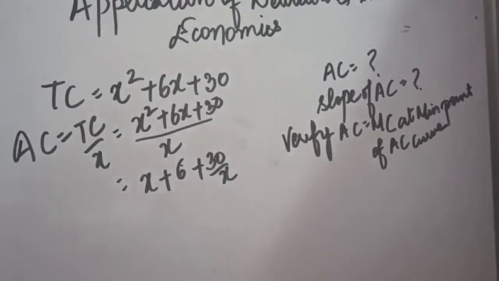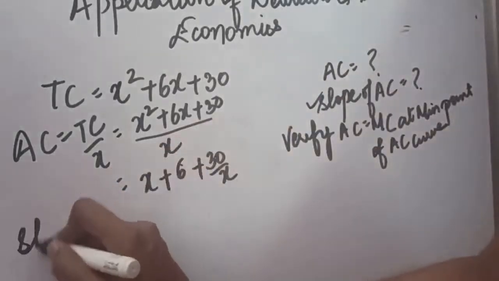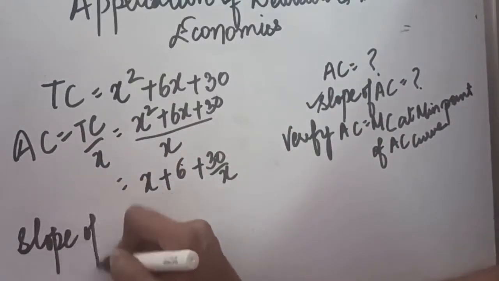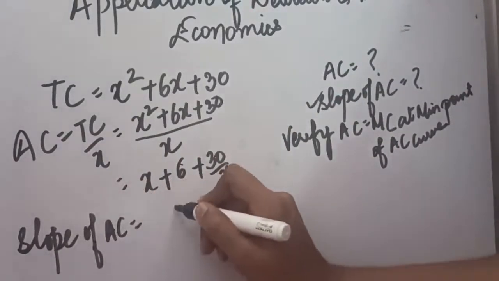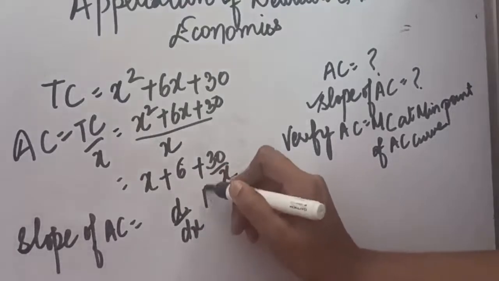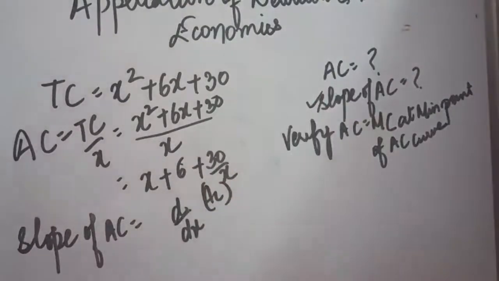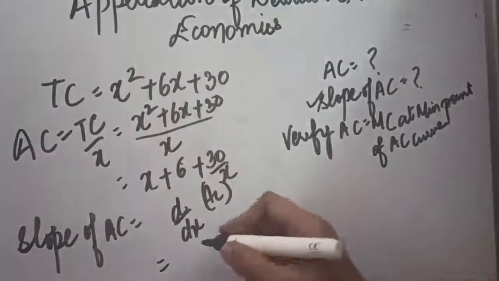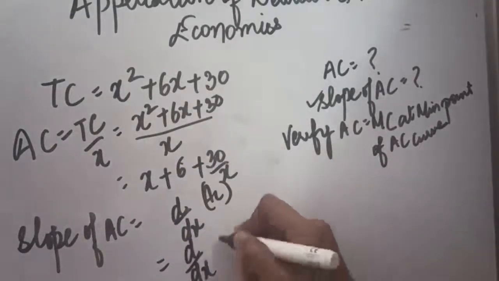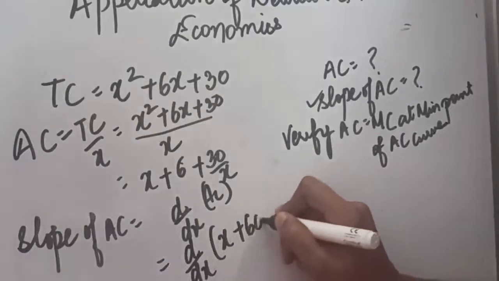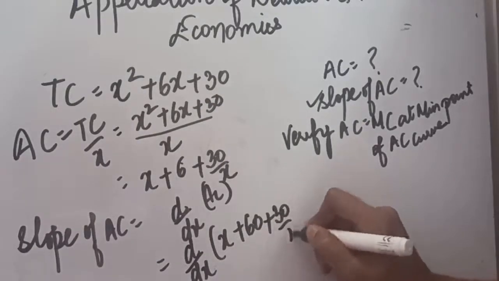Now the second thing asked in the question is the slope of AC. For the slope of AC we have done the formula: slope of AC is the derivative of AC. This is the average cost we have calculated. Now we will take its derivative, d upon dx of x plus 6 plus 30 over x.